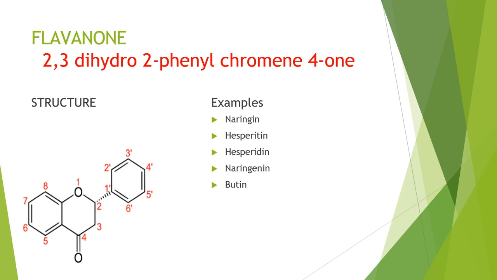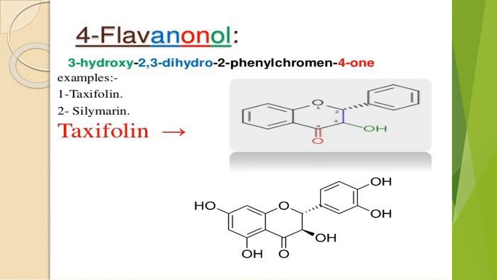These are the examples of flavanone. Then flavanonol, 3-hydroxy-2,3-dihydro-2-phenylchromen-4-one. Examples: taxifolin and silymarin. This is the structure.